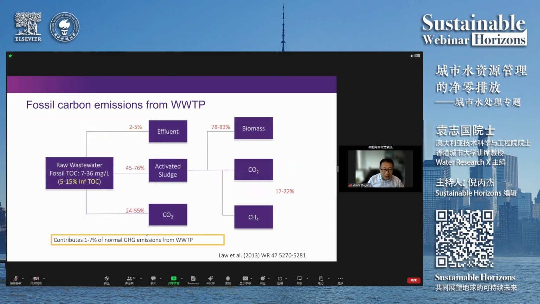By doing that, we came to the observation that the emission of fossil carbon CO2 from a treatment plant is relatively a small part of your total emission, about 1 to 7%, depending on the sources of your wastewater. Again, there's a paper there for people to read.